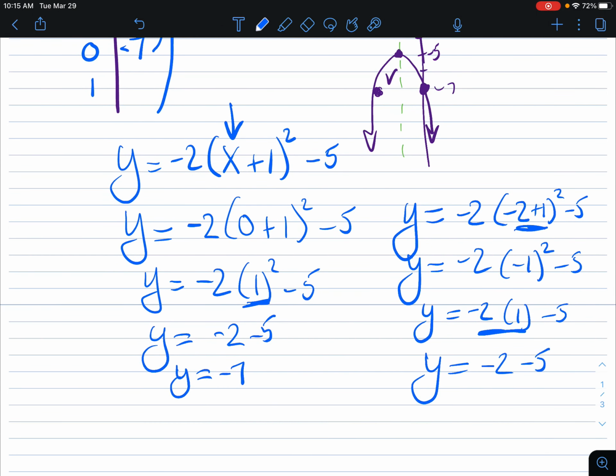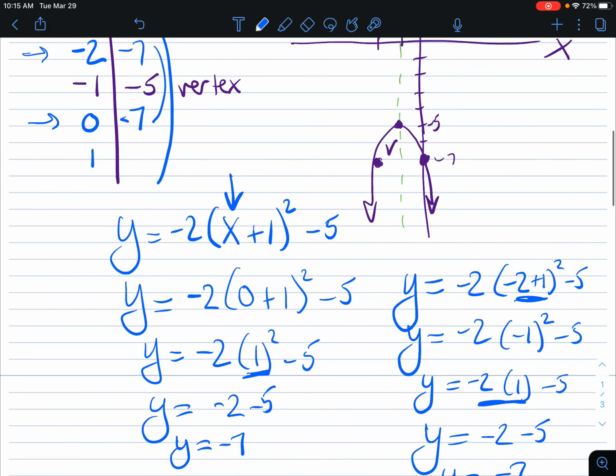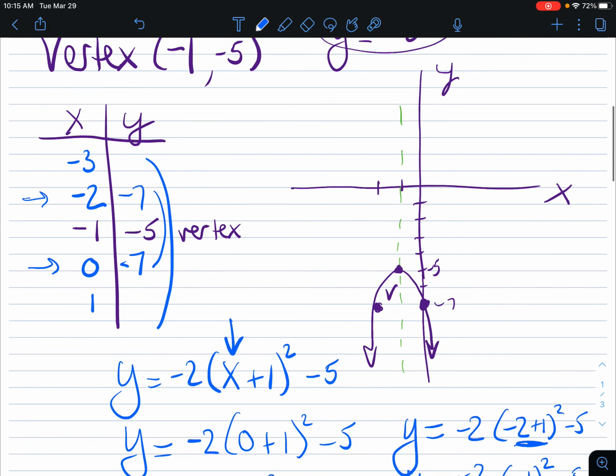And -2 minus 5 is also -7. So in fact, we do see that symmetry. But again, let's say I made a little calculation error here and I'm like, uh-oh, they don't match. We know they're supposed to. So then you can go back and find the mistake.